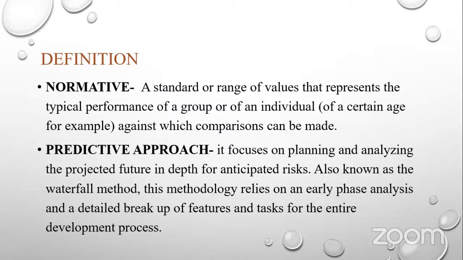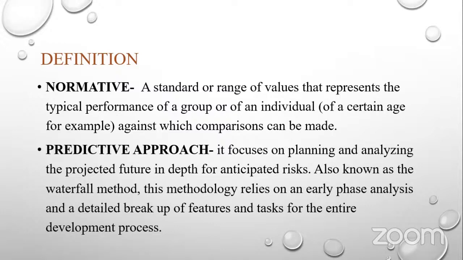But the predictive approach mainly focuses on planning and analyzing the projected future in depth for anticipated risk. This predictive approach is otherwise known as the waterfall method, and this methodology relies on early phase analysis and detailed breakup of features and tasks.